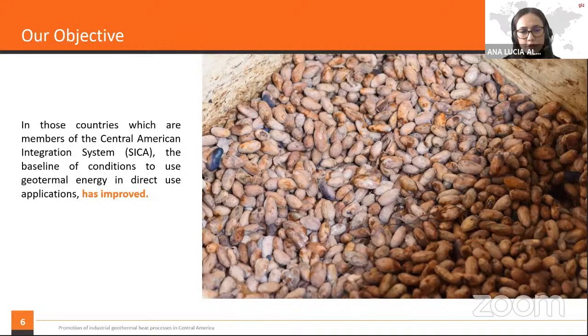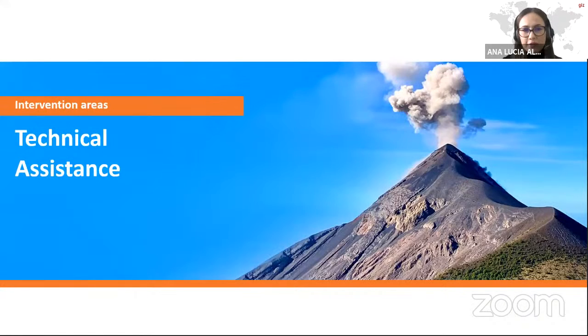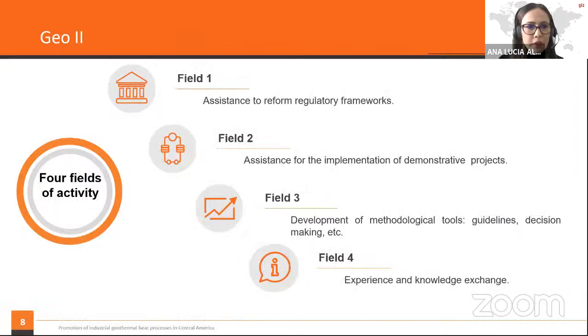Our main objective for this second phase will be to improve the baseline and the conditions in these countries so that the direct uses, the applications, really get into the ground. And how are we going to do this? How are we going to improve all this baseline? Through technical assistance, and we have 4 fields of action, which you can see here.